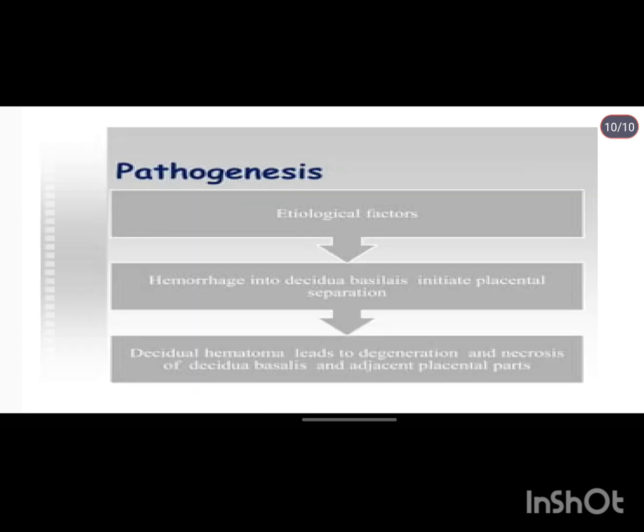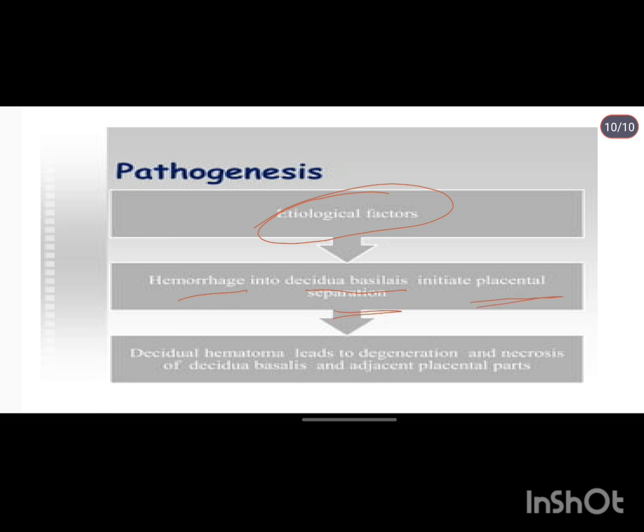Next we will see the pathophysiology of this placental abruption. Because of the etiological factors, which I told you about, many of the etiological factors responsible for placental abruption can result in hemorrhage within the decidua basalis, resulting in the separation of the placenta.